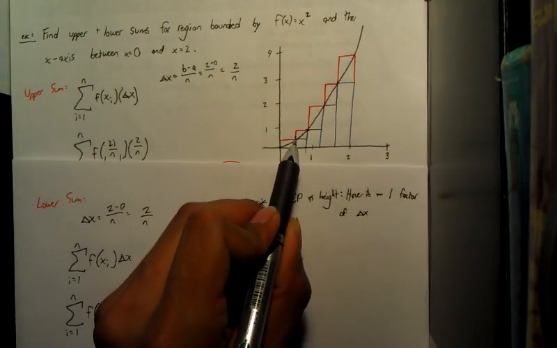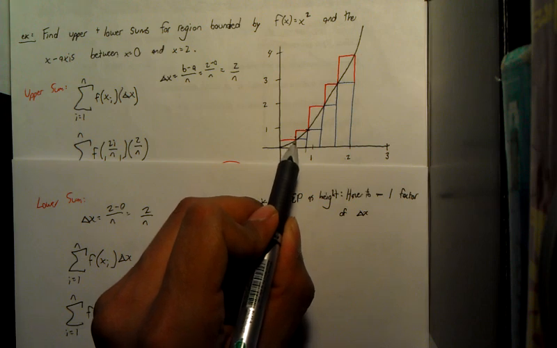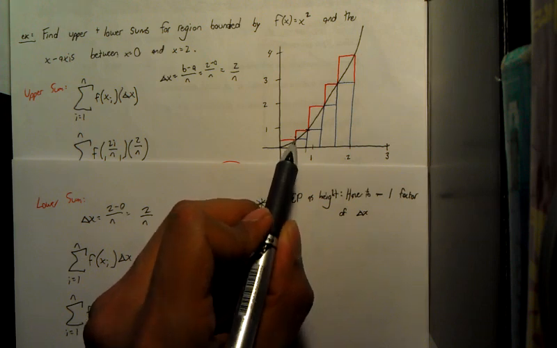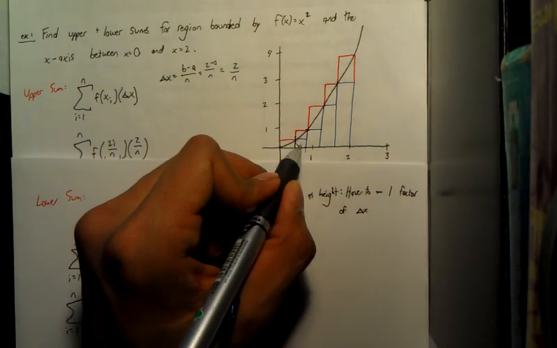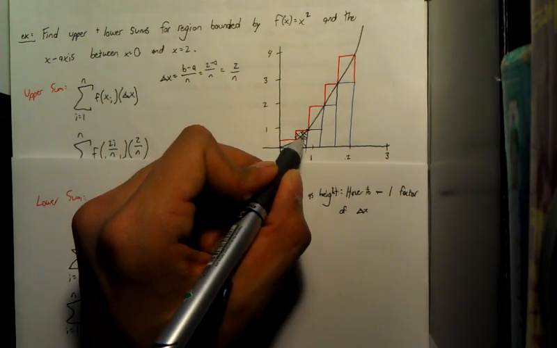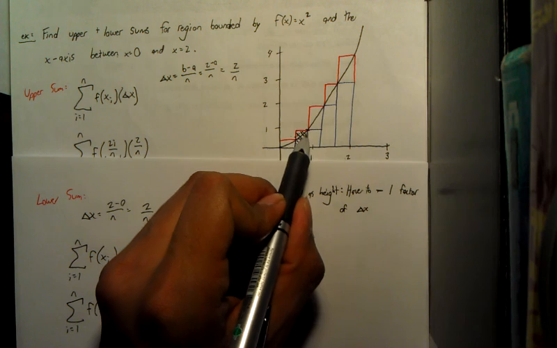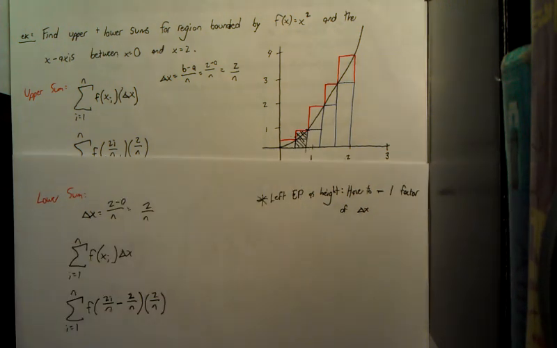Notice how right here the height of the rectangle, you're looking for it on the graph, it's on the left side. Whereas if you're taking the upper sum, the red, then, like say we were taking this sum right here, for the red, the height is on the right side.